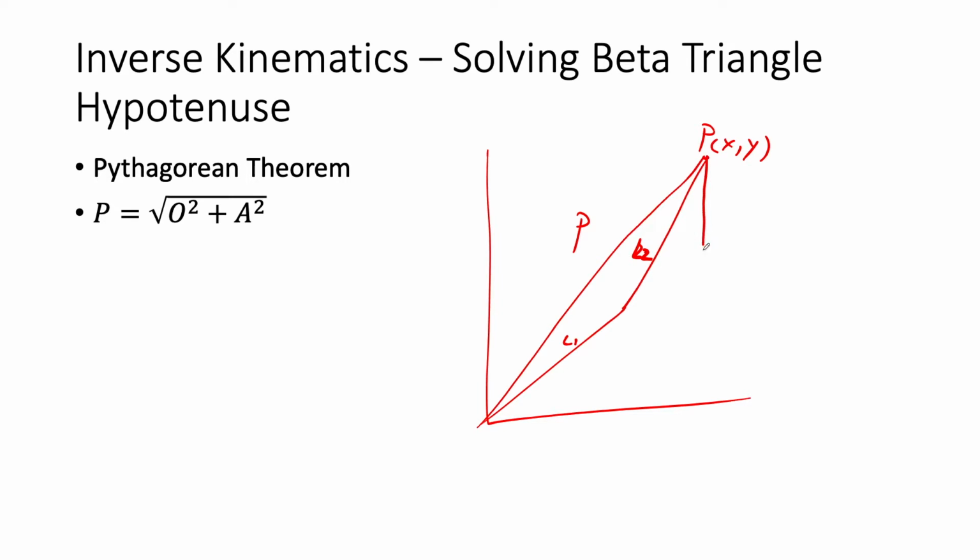We can discover that pretty easily because we know what the x and y components are at the endpoint. We can create this right triangle. And since we have a right triangle, we can use the Pythagorean theorem, where we can solve P based on px squared plus py squared. And that's going to give us the length on the long side of this triangle.